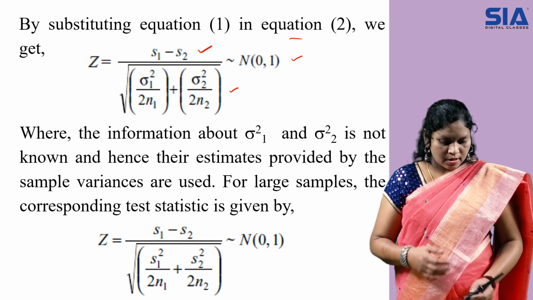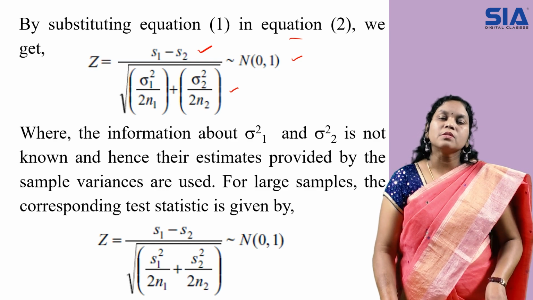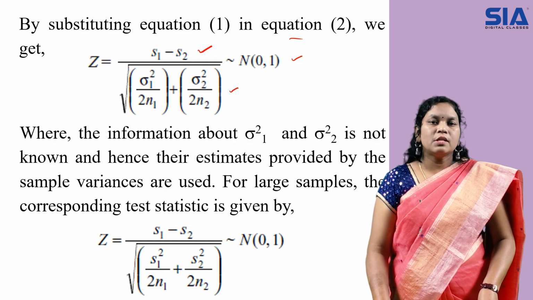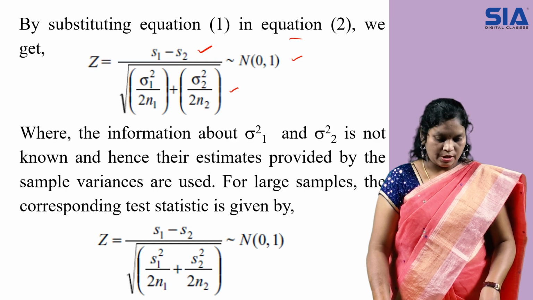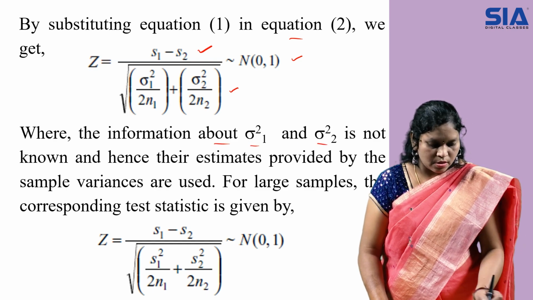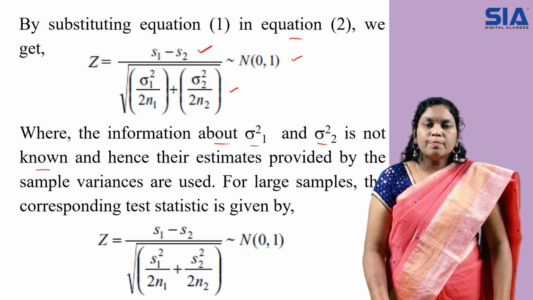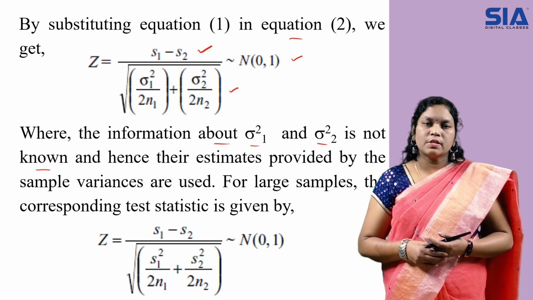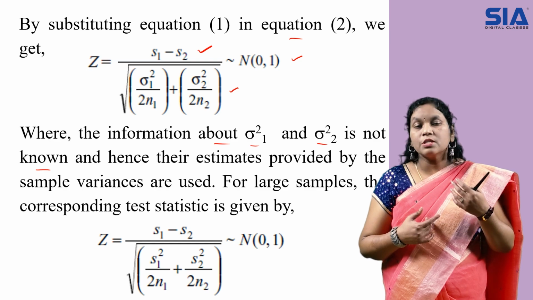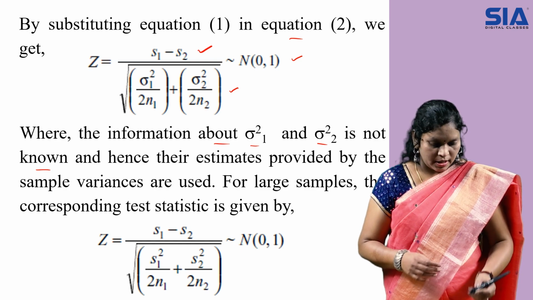If we don't have sigma 1 square, or if we have sample standard deviations, how will the formula change? Where the information about sigma 1 square and sigma 2 square, that is population standard deviations, is not available, how to handle the formula? Let us check it out.